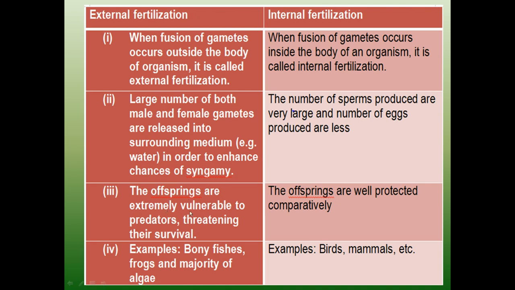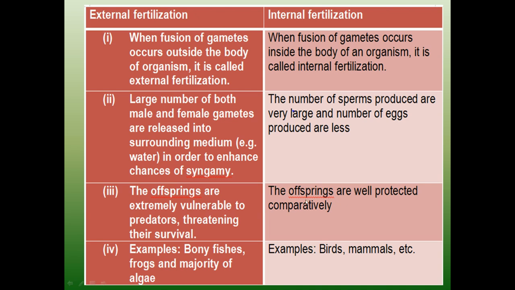The offsprings are extremely vulnerable in case of external fertilization. As you can understand, the offsprings always live in an environment which is quite harsh, and there's a lot of abiotic stress, and they are quite vulnerable to predators.